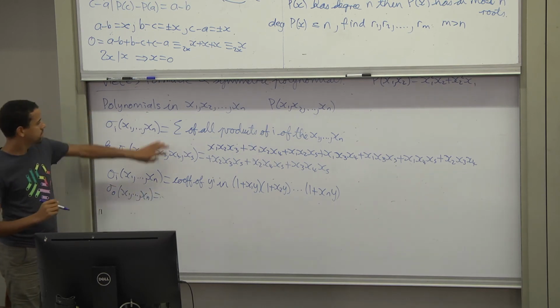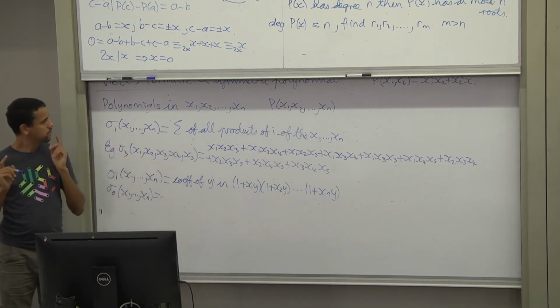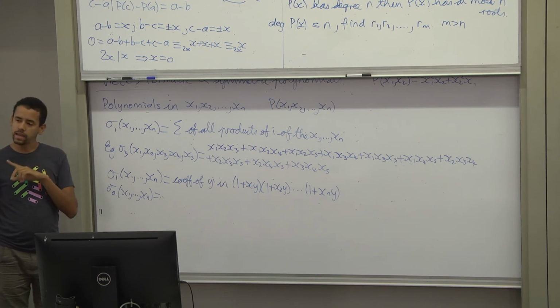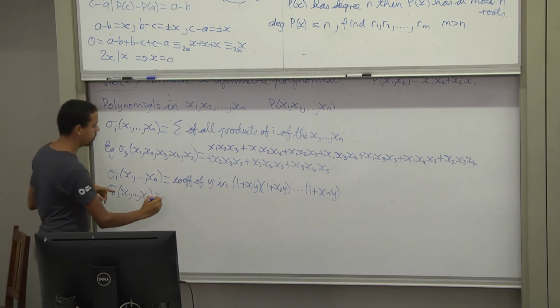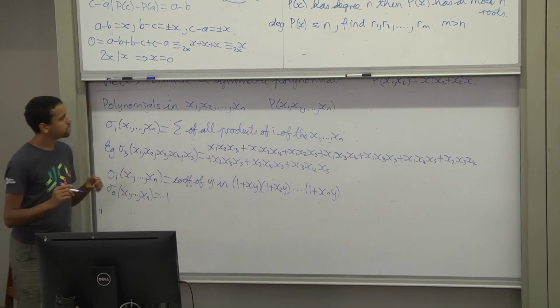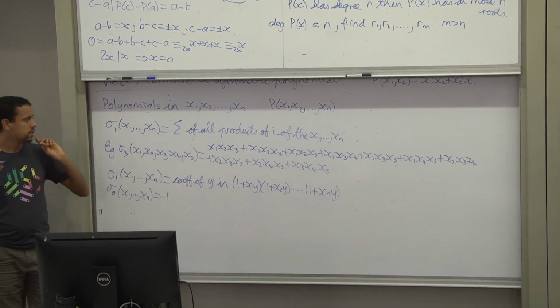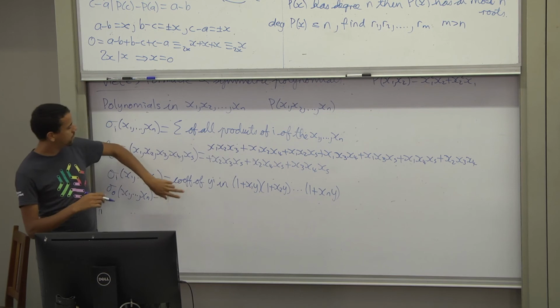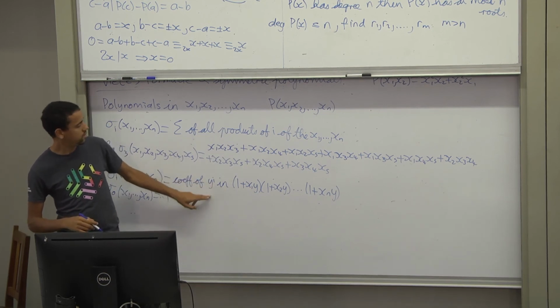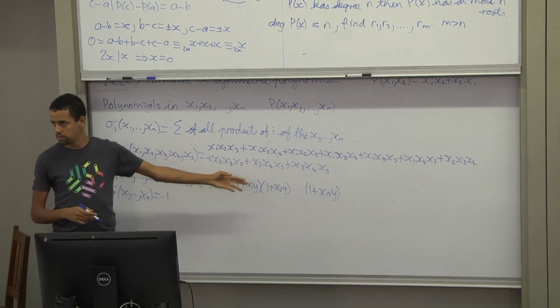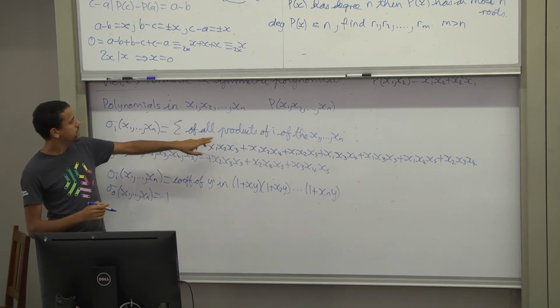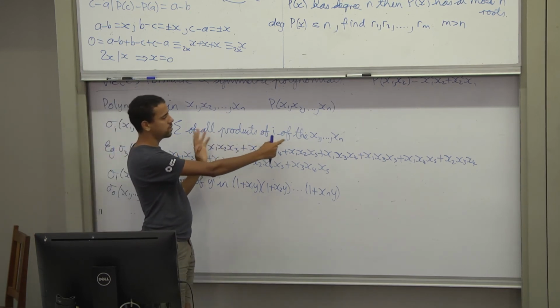It would just be an empty, just constant T0. Well, kind of. It's actually 1, because, okay, one way to look at it is the coefficient of y to the power 0 there, which is 1. Another way is I'm taking a product of 0 of them.